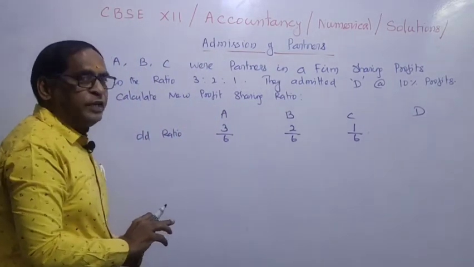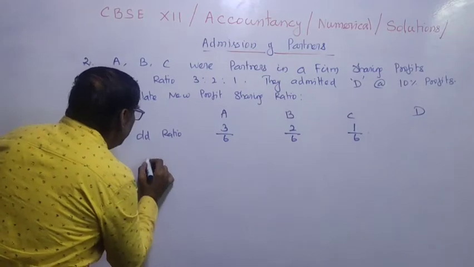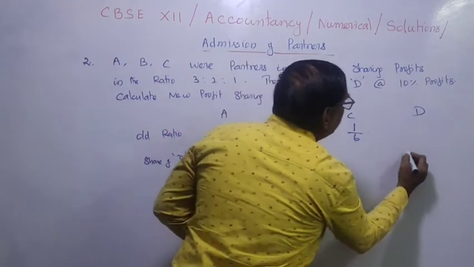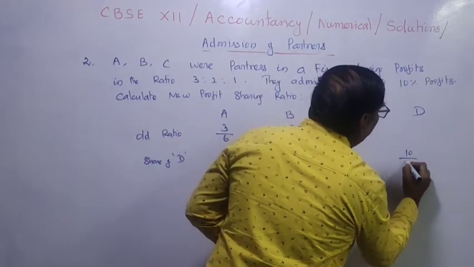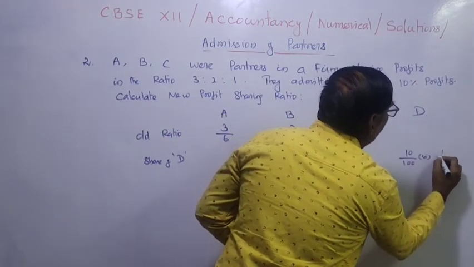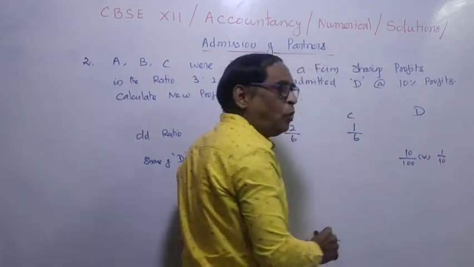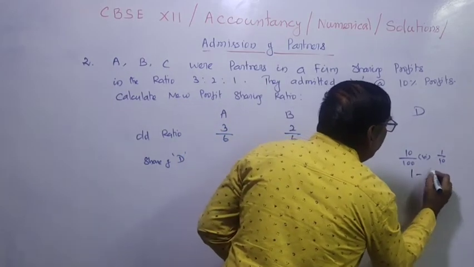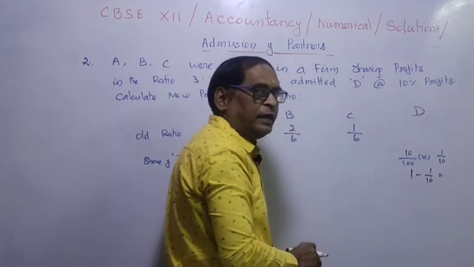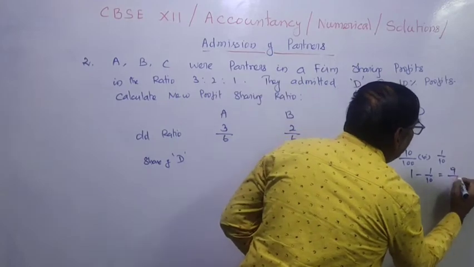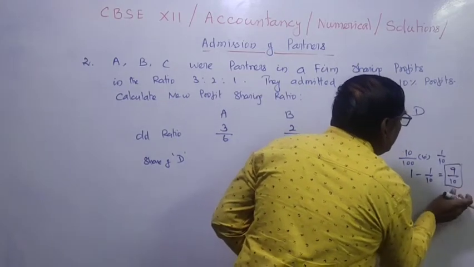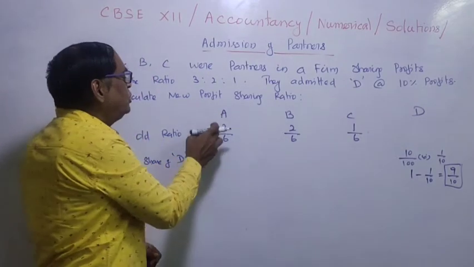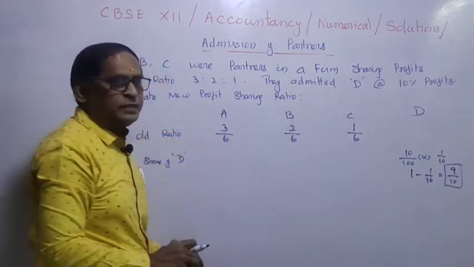Then the share of D is 10%. 10% means 10 by 100, that is 1 by 10. So the remaining portion will be 1 minus 1 by 10, that is 9 by 10, which will be shared by all the partners A, B and C in the ratio 3 by 6, 2 by 6, 1 by 6 respectively.